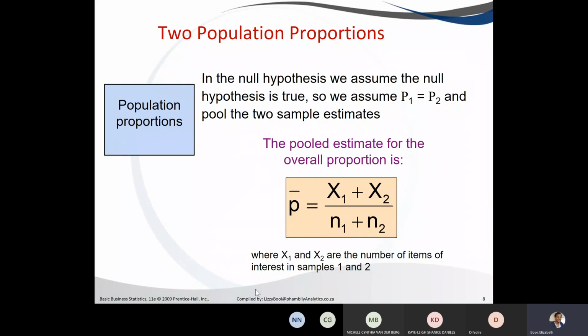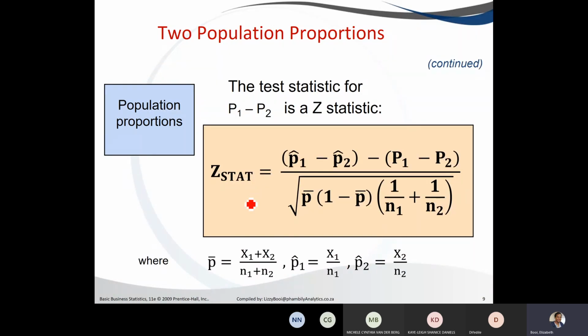Once you have calculated that, you can substitute it into the formula, so instead of having the pooled symbol there, you will have your answer there, because you need to calculate it separately.